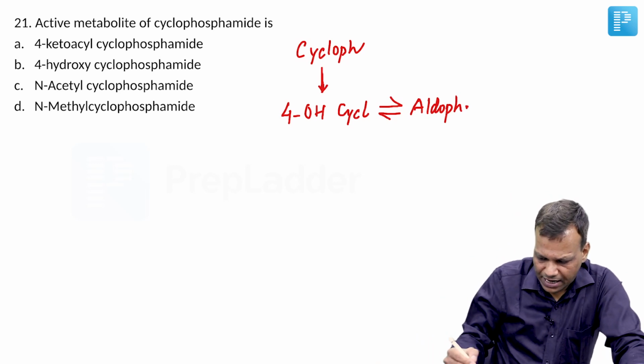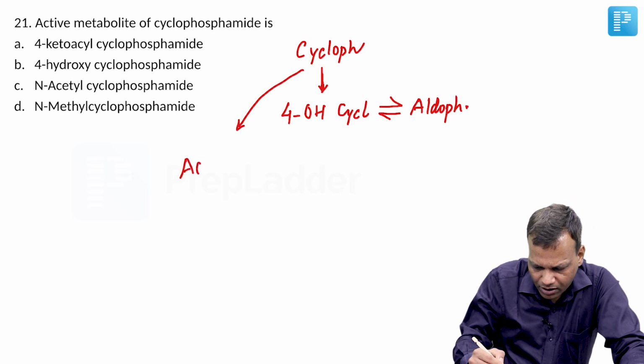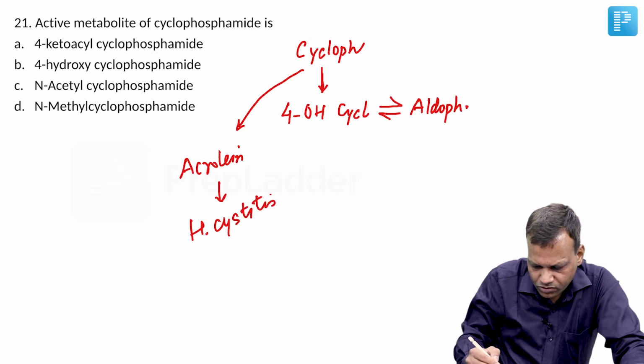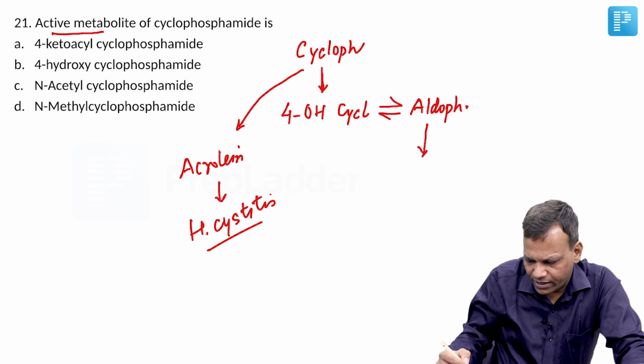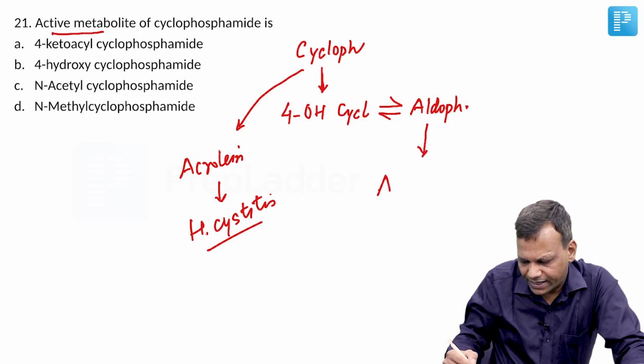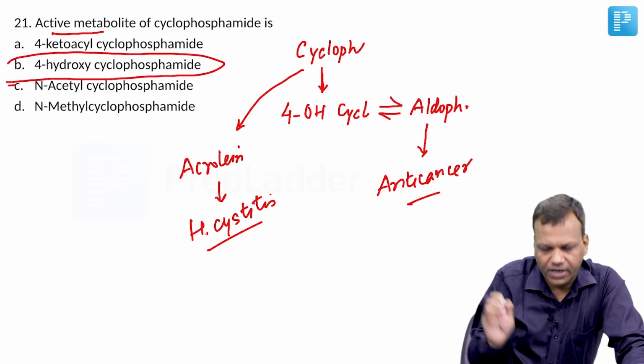And aldophosphamide also produces a compound called acrolein. And this acrolein can cause hemorrhagic cystitis. Okay. So the direct question is, which is active metabolite? Aldophosphamide and 4-hydroxycyclophosphamide, they are anti-cancer. They are the main active metabolites. The answer is 4-hydroxycyclophosphamide.